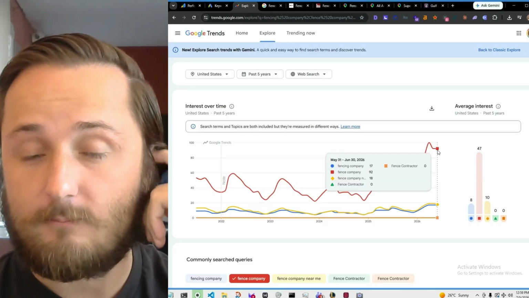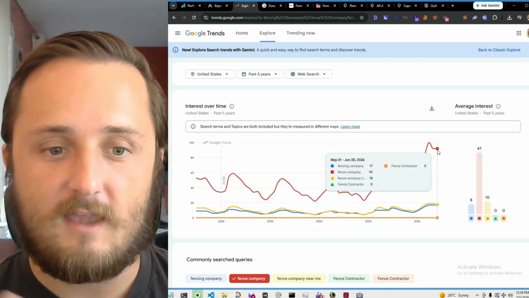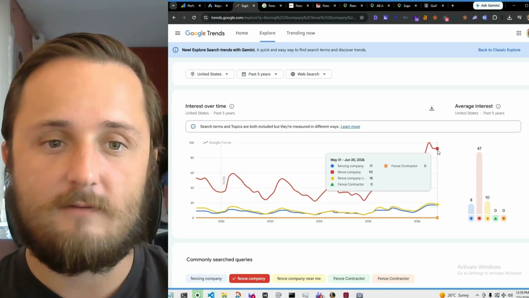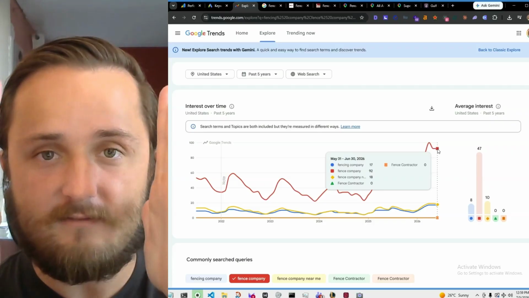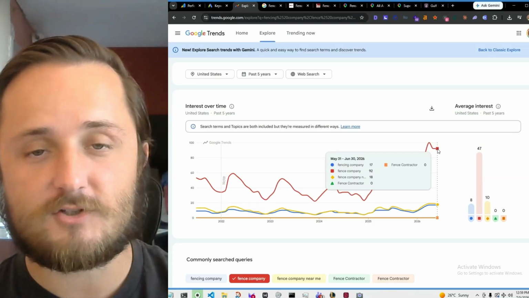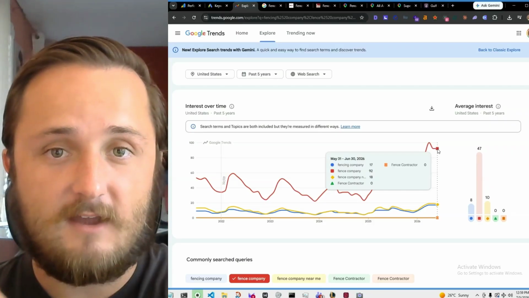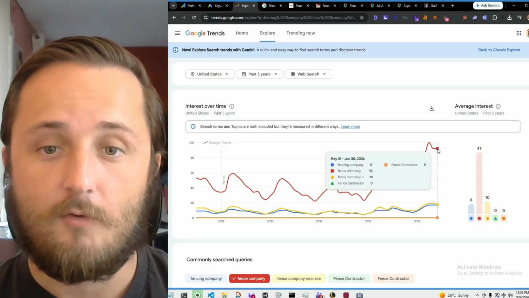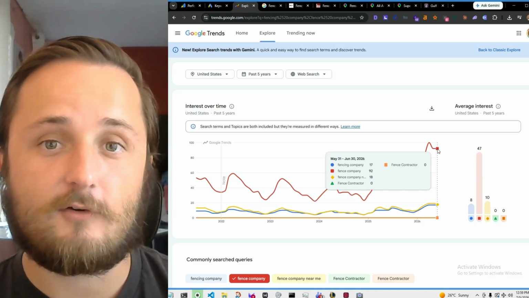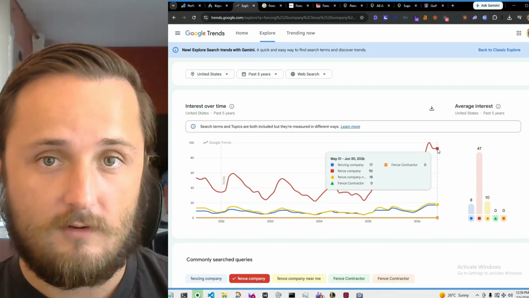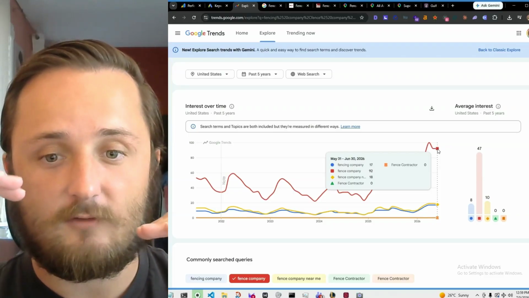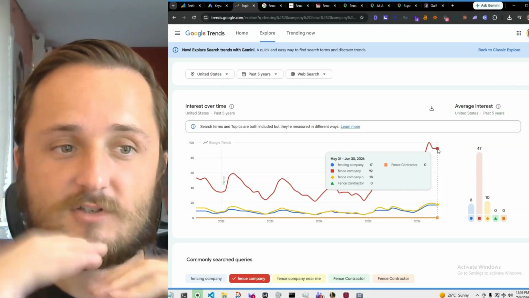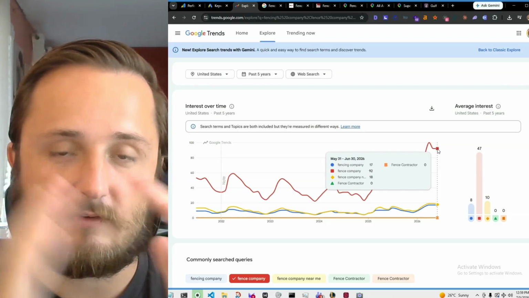So let's say over a whole year, right? Or for this example, let's do 5 years. For the past 5 years, the fluctuation of how many times this keyword is searched for, right now, it is currently searched for at 92 out of 100. I can't say 92%, but just think about it in relation to itself.